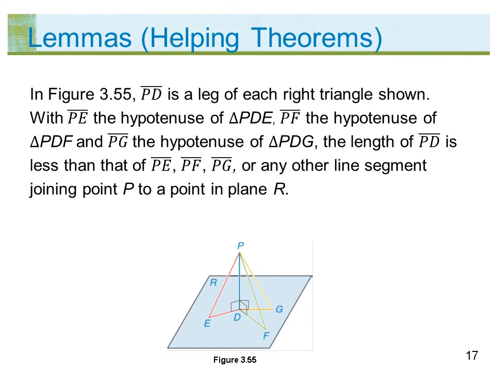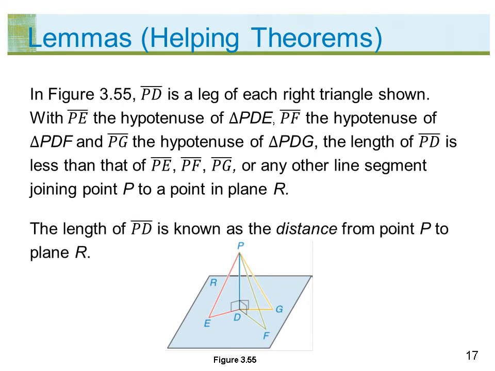With PE the hypotenuse of triangle PDE, PF the hypotenuse of triangle PDF, and PG the hypotenuse of triangle PDG, the length of PD is less than that of PE, PF, PG, or any other line segment joining point P to a point in plane R. The length of PD is known as the distance from point P to plane R.